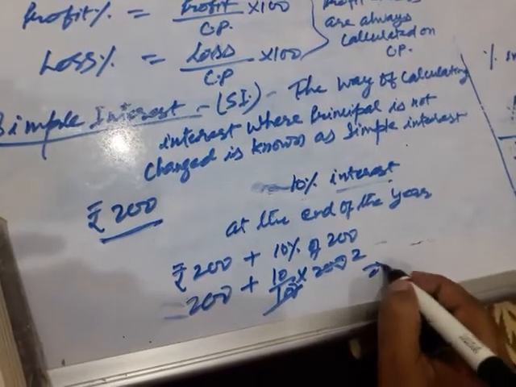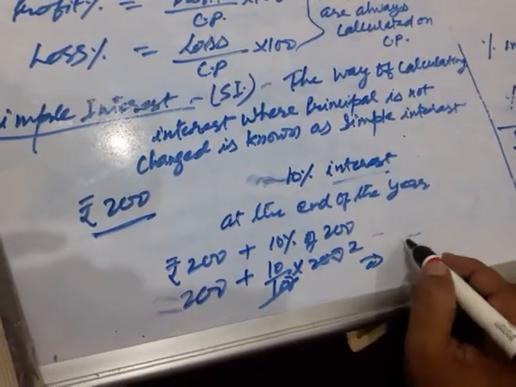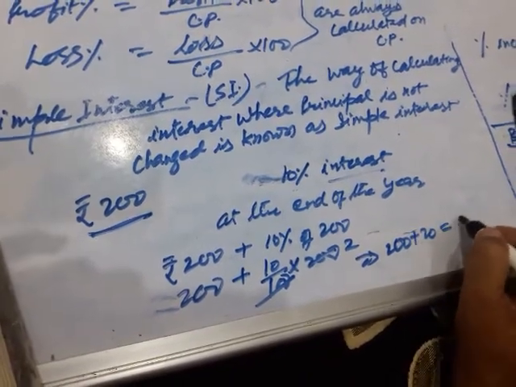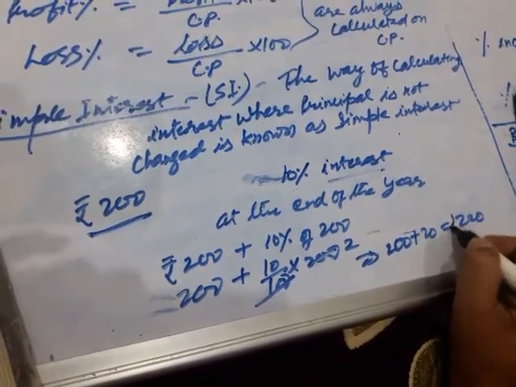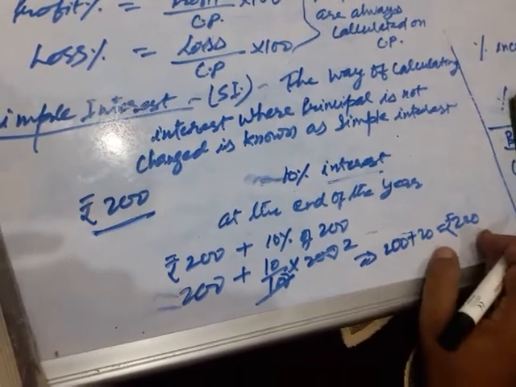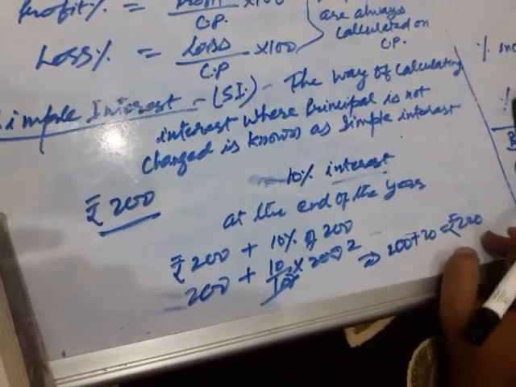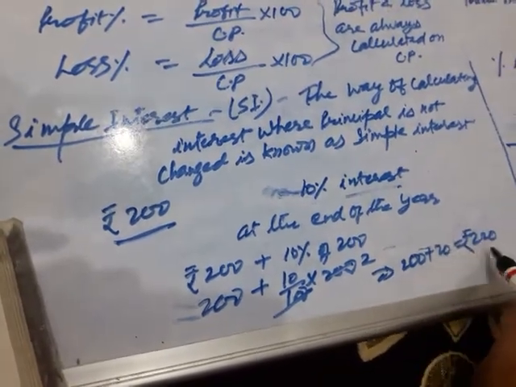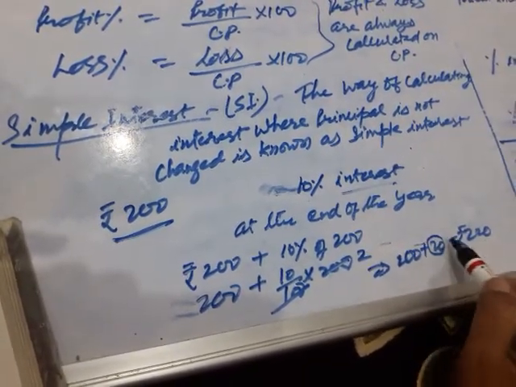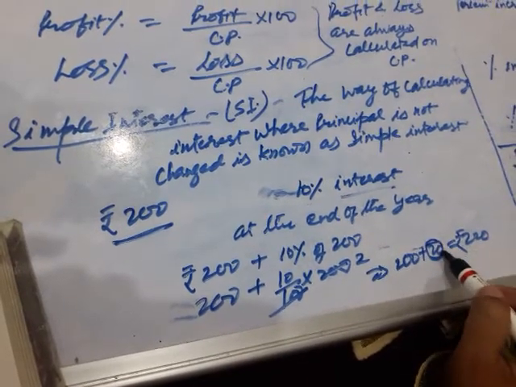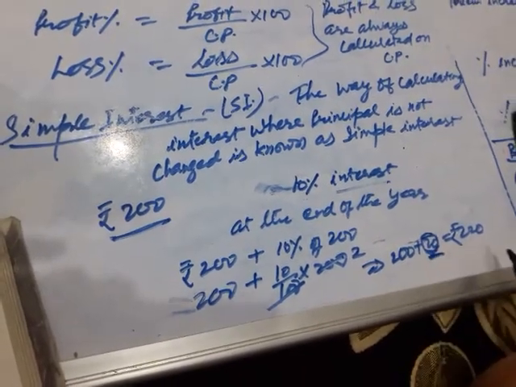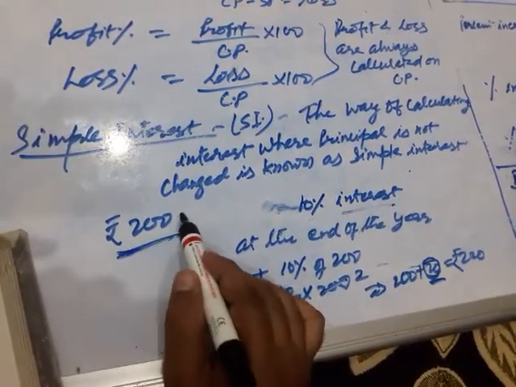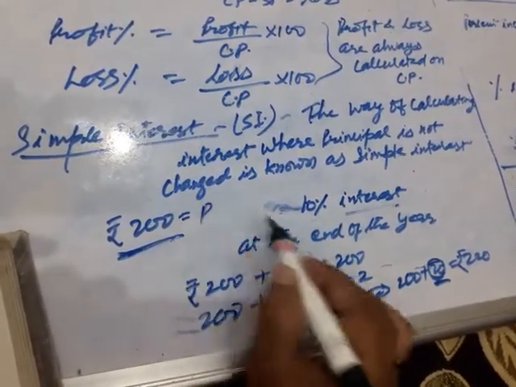This implies that at the end of the year, the person will return 200 plus 20 rupees, that is 220 rupees. And the person who has lent the money will earn rupees 20. Did you understand, children? This 20 rupees extra that the lender has earned is called interest. Here 200 rupees is known as the principal.